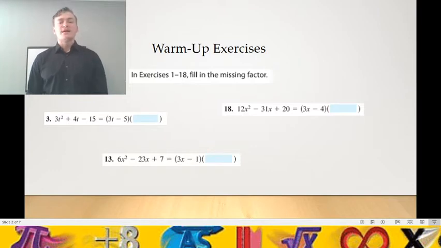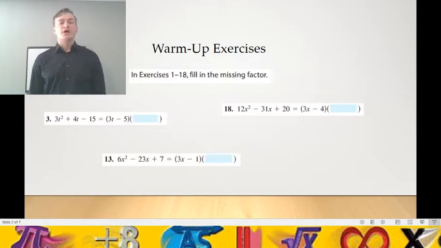We see here that they are giving us one of the factors, 3t minus 5. We want to determine what is the factor that should be multiplied to 3t minus 5 in order to get the trinomial 3t squared plus 4t minus 15.